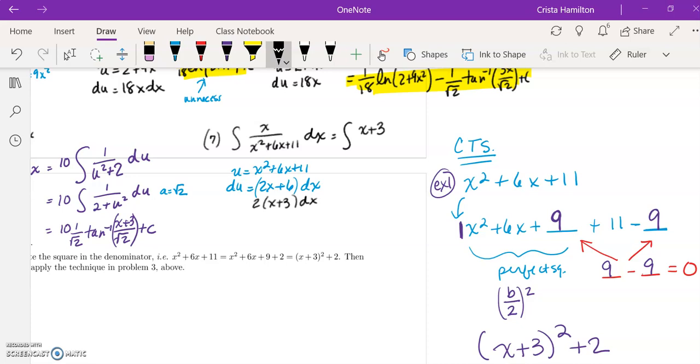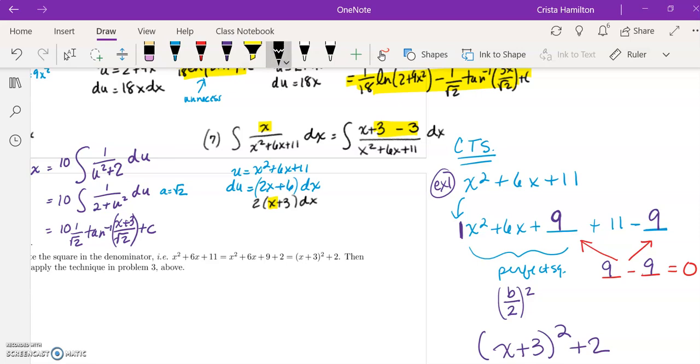Since I have an x in this portion, I'm matching it to that. And I'm like, hey, it'd be really nice if I had a plus 3 there. But you can't just change it by adding plus 3. We're going to add the 3, and then we're going to subtract the 3, so that really I have not changed this. The net of these two things is actually 0.